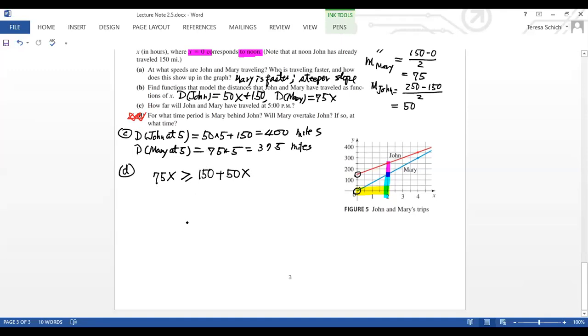John will be behind here. So we subtract 50x, and this is 25x greater than or equal to 150. These two cancel, so we divide by 25, and x is greater than 6.